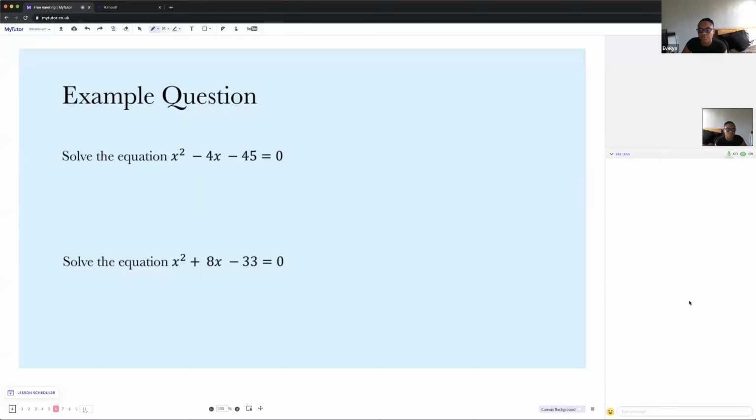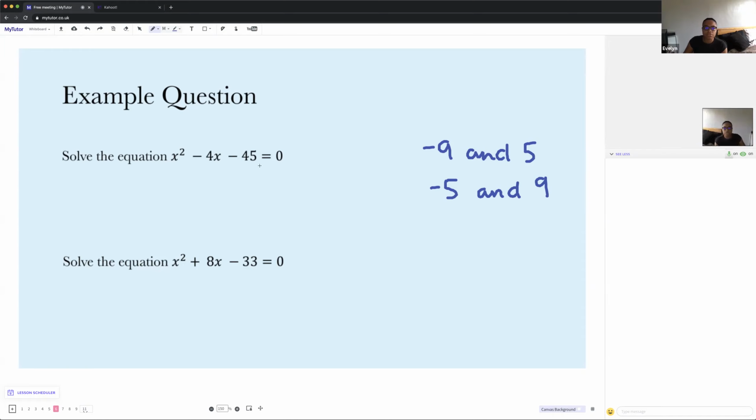Cool, so we've got a few here. Brilliant. So we could either have minus 9 and 5, because minus 9 times 5 gives us minus 45, or we could have minus 5 and 9. Now, there are some other ones as well, but we need to think about which sets add up to give us minus 4.